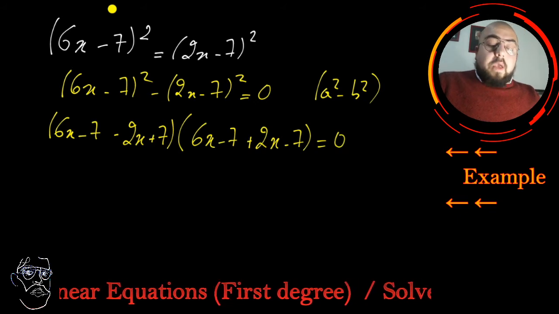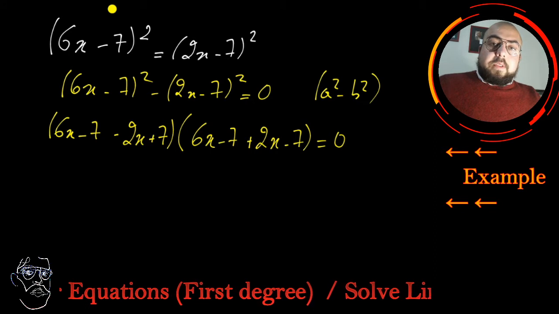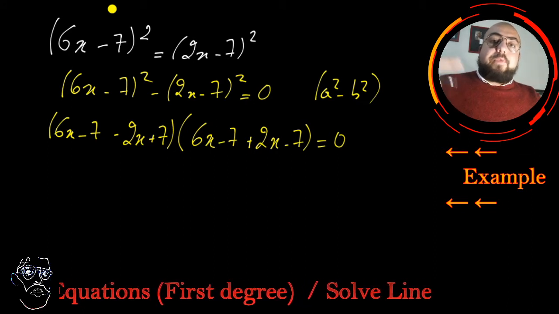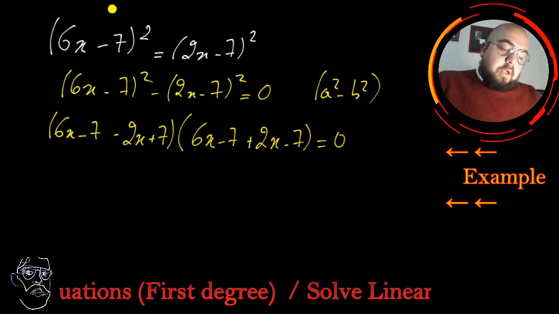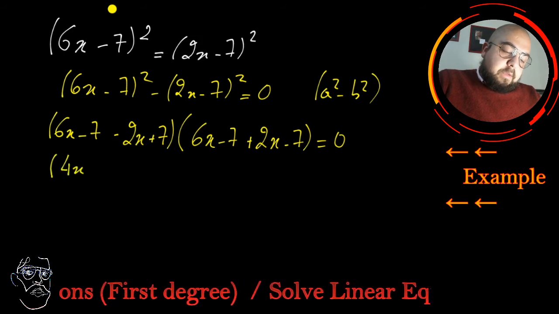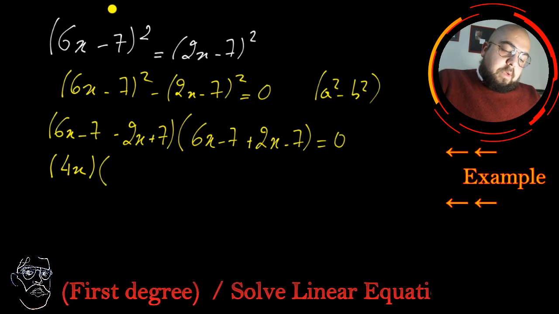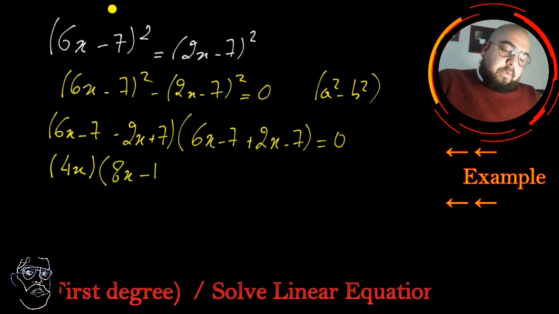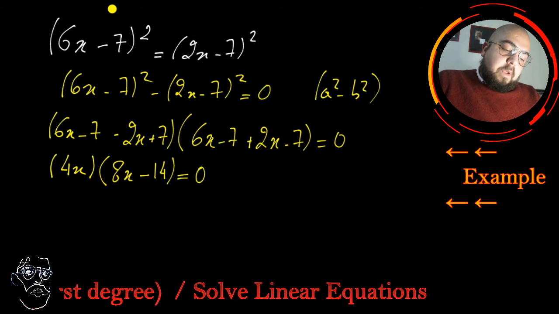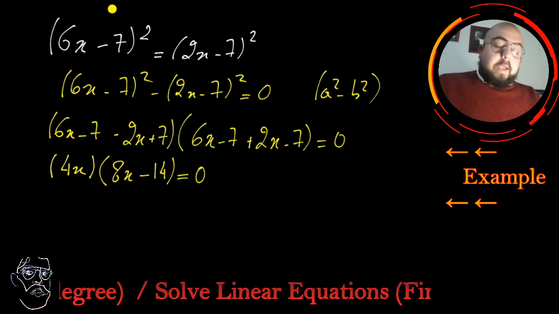As you can see, right now I have a product of factors, and each factor is first degree, it's linear. So the first one, I will have 4x times (8x − 14) equal to 0. A product of factors is equal to 0 if each factor is 0.